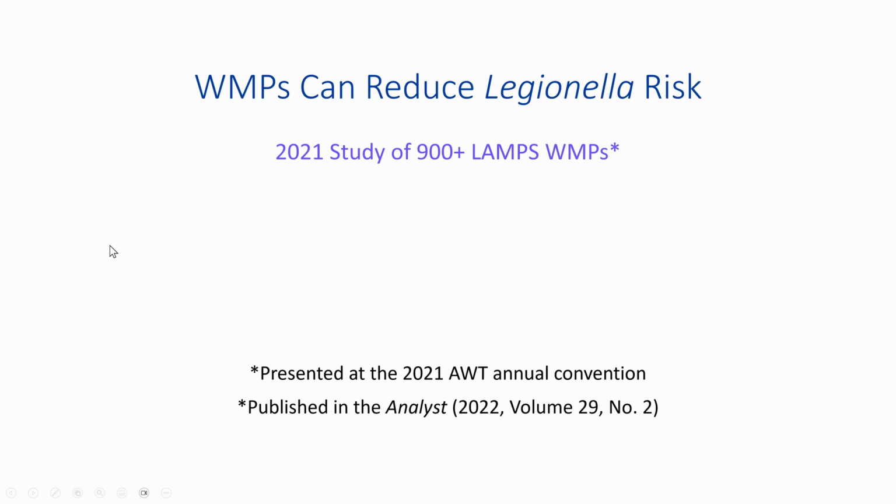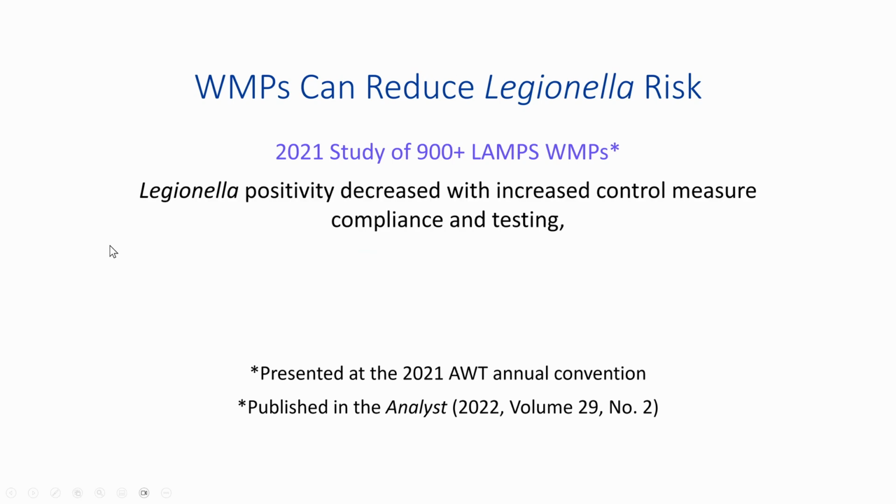And we looked at that, but what we found that we weren't really looking for when we started the study was a very, very clear relationship between implementation of a plan and Legionella positivity. We saw it was almost linear. The data was so clear. Legionella positivity decreased with increasing control measure compliance, meaning the verification was on schedule.